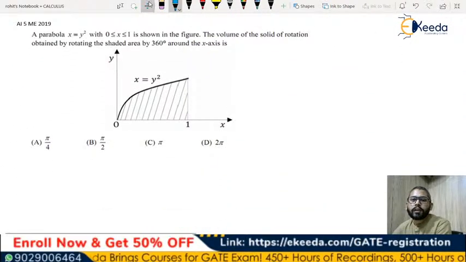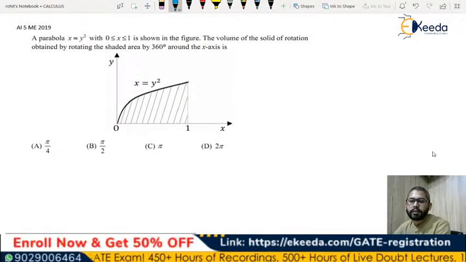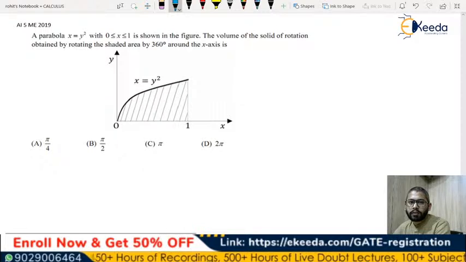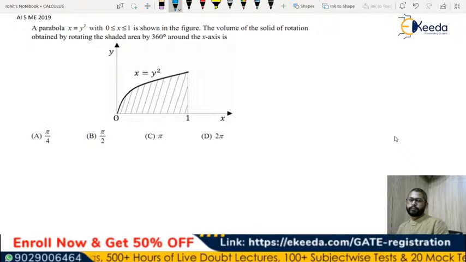Let's check the next one. This is about the volume. Try this one.